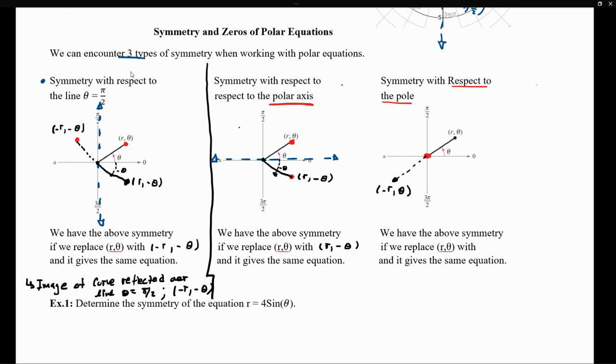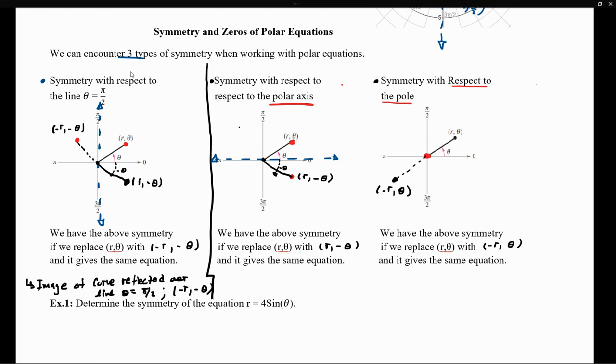So we have the above symmetry if we replace r comma theta with negative r comma theta, and it gives the same equation. So far, all we have done is introduce the idea of three symmetries.